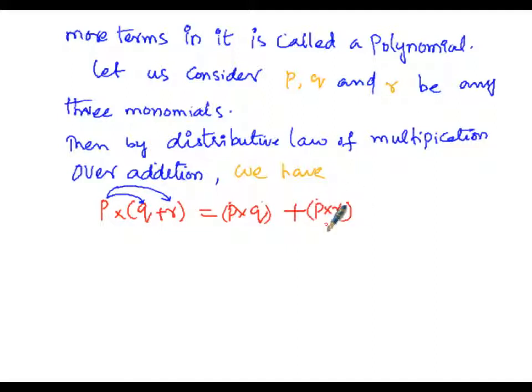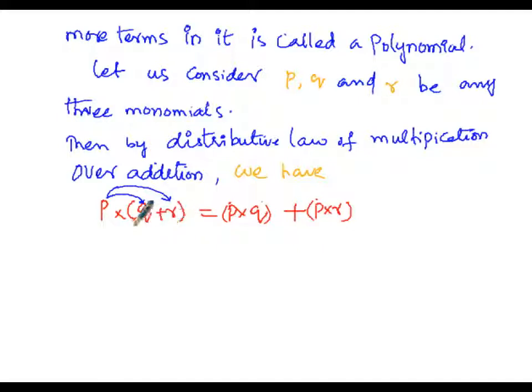So here, by the distributive law of multiplication over addition, when P, Q, R are three monomials, we have the product of a monomial and a polynomial. In this case Q plus R is a polynomial because this expression consists of two terms in it, a minimum of two terms.